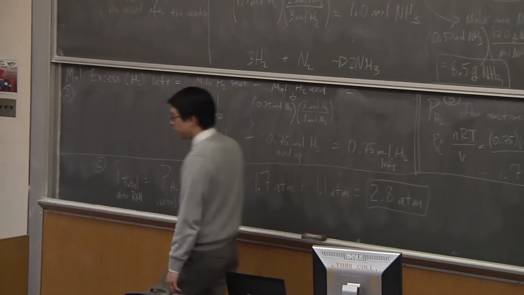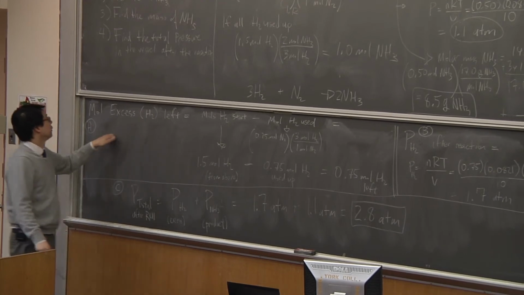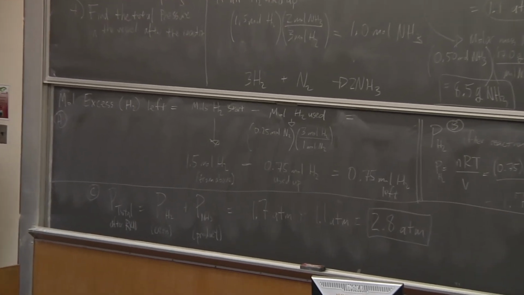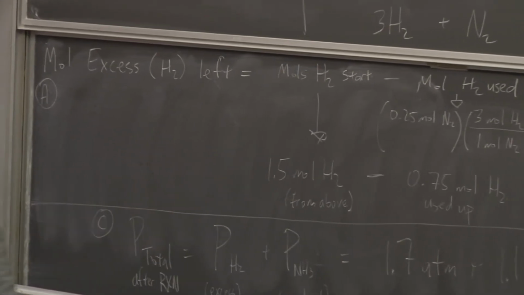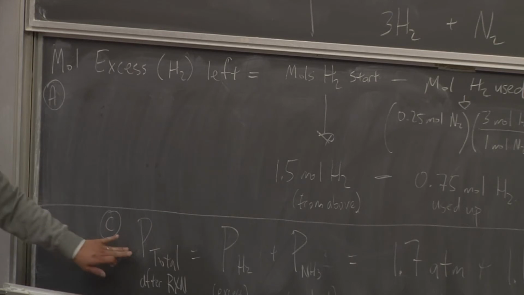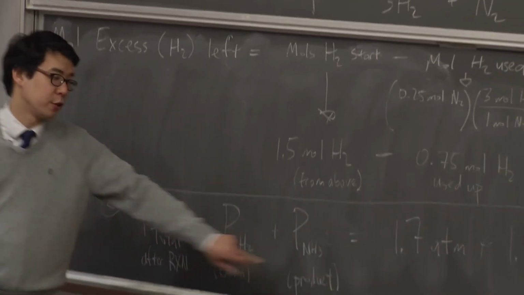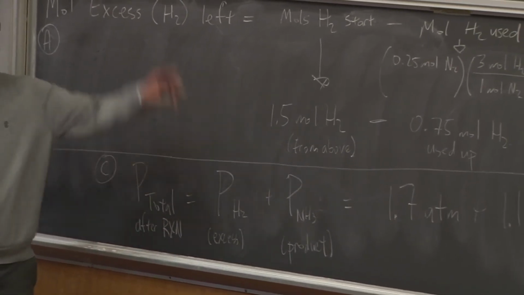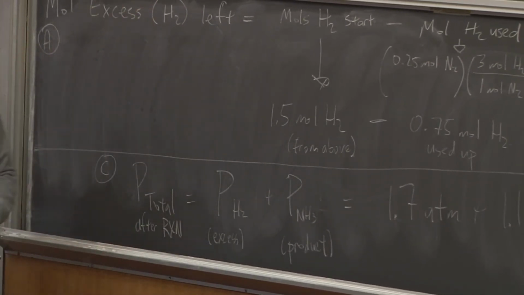Okay, so instead of having you do it at home, I wrote out the answer here. This is where we're getting. The total pressure after the reaction equals the partial pressure of the product, the NH3, which we solved for, plus the partial pressure of the excess, which is the H2.